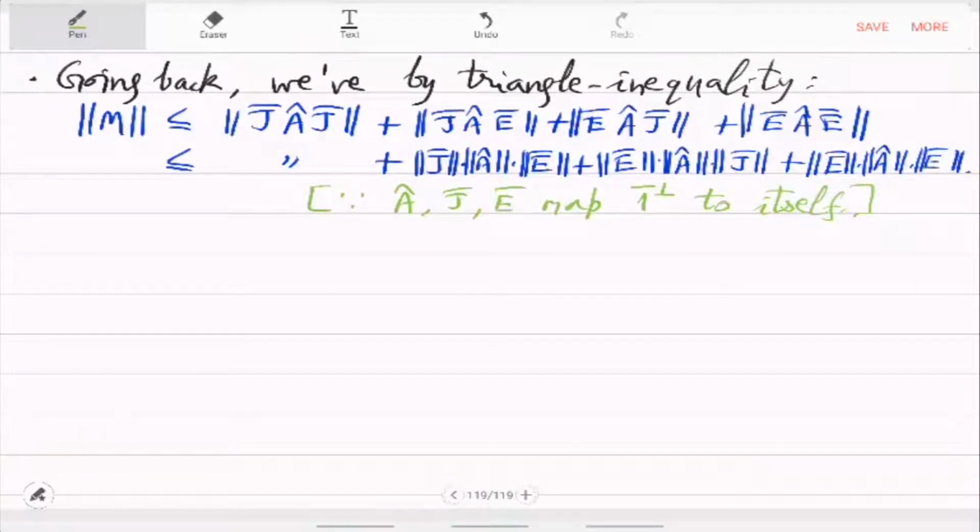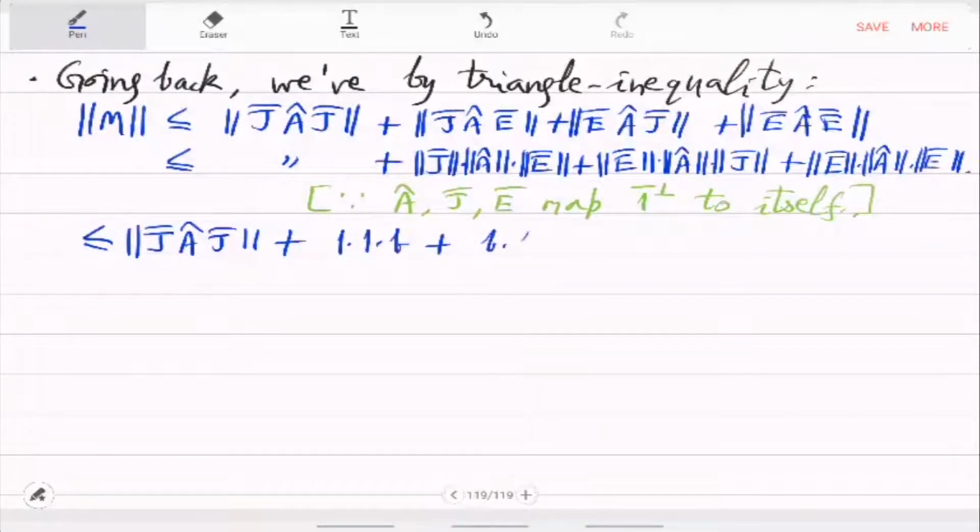And now I can upper bound this. The main term I don't analyze now, I am postponing that, but these error terms I'll use the trivial bound. So the J bar matrix norm cannot exceed 1. Same for the A hat norm. E bar I have shown to be b at most.